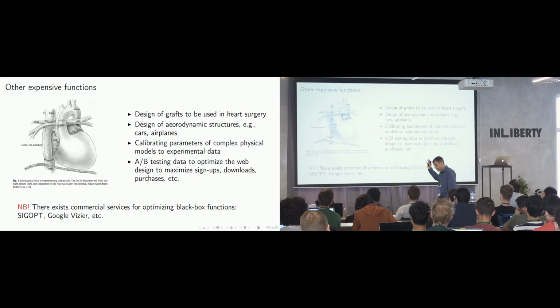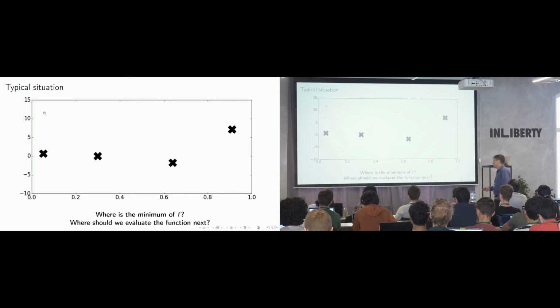And as I said, there are a lot of real-world applications related to various engineering simulations and optimization of various engineering devices, where we have exactly the same problem with complex simulations. And so the question is how we can perform optimization in this case.